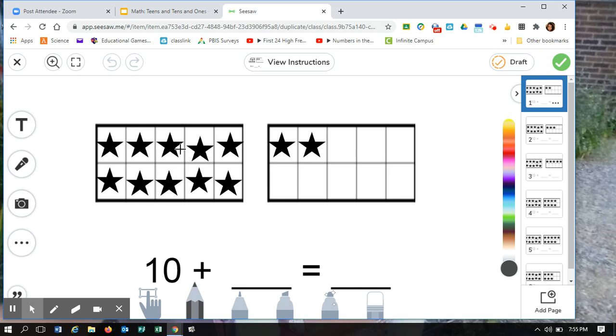So here we have 10, that's these, plus 1, 2. I'm going to write my 2 equals, and then you're going to have to count them all up and write the answer. Oh no, I made a mistake. Okay, so let's count. I know this is 10, so I'm going to count on from 10. 10, 11, 12. So my answer would be 12. 10 plus 2 is 12.